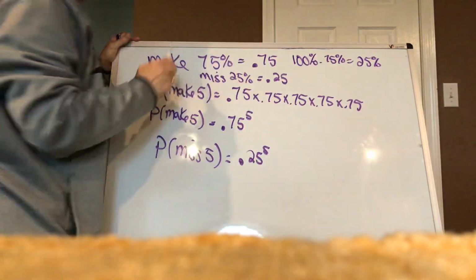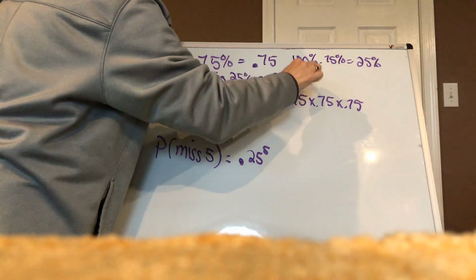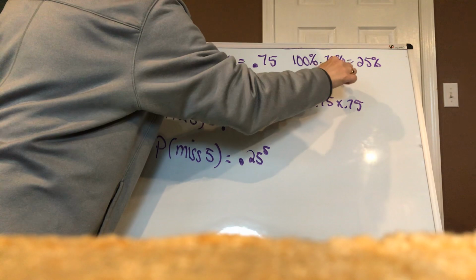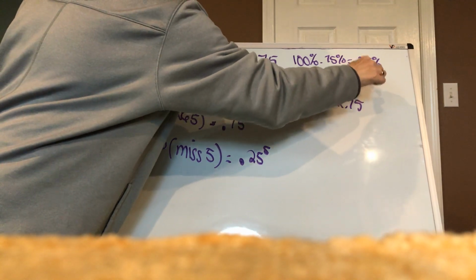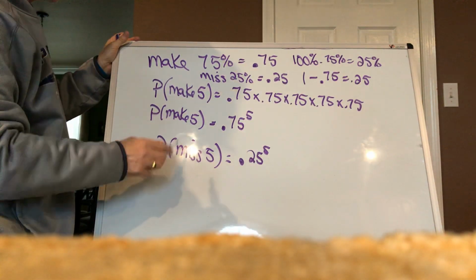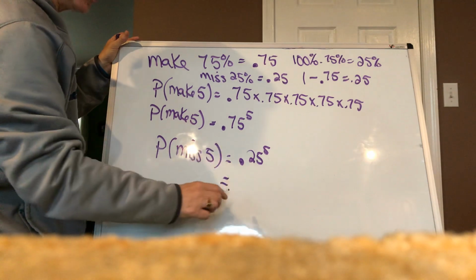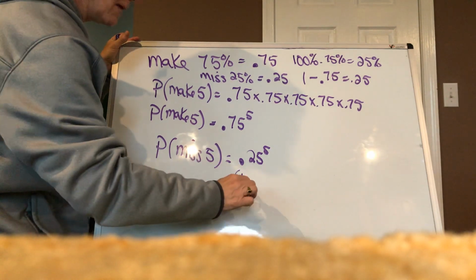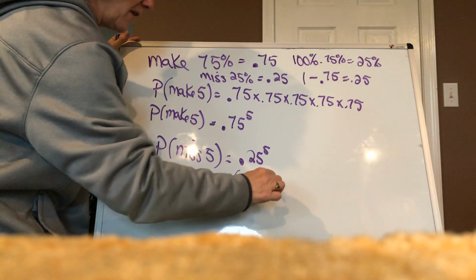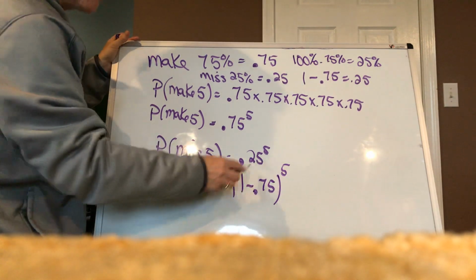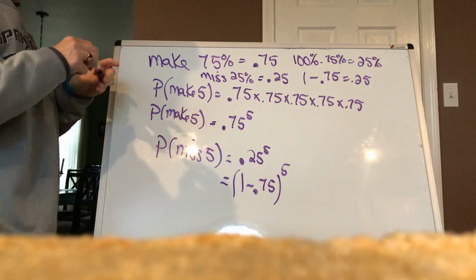We just did that mentally. Isn't that the same as 1 minus 0.75 equals 0.25? So the way Khan is showing this, one of their choices will be the quantity 1 minus 0.75 to the 5th power. That's the same as 0.25 to the 5th.